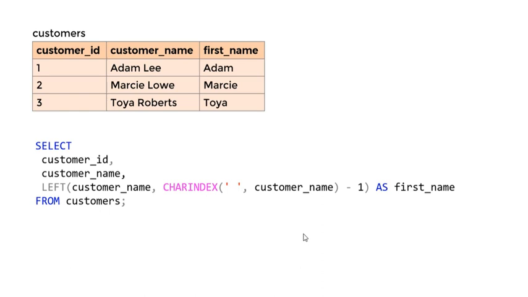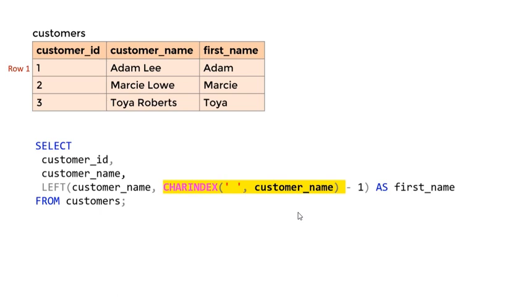So now go through this expression. What gets computed first is the innermost function, which in this case is the CHARINDEX function. The innermost function will be executed first.